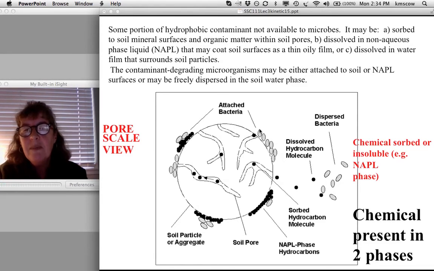And here we have the bacteria that could use it. Like right here, they're just going to gobble up these hydrocarbon molecules that are in free solution. But the ones that don't have access to the dissolved form are going to be hanging around the surfaces, waiting for these compounds to desorb or become soluble so that they can utilize them.